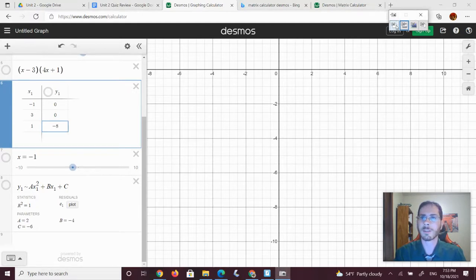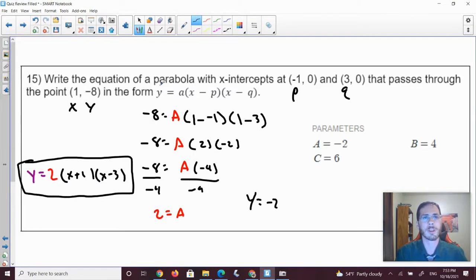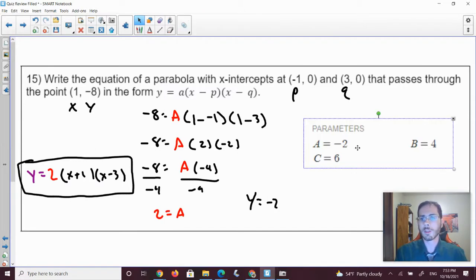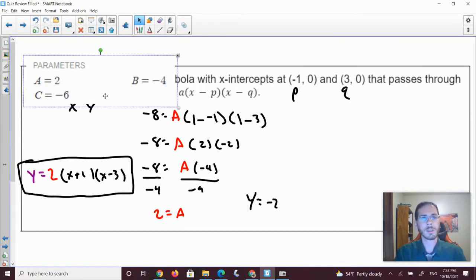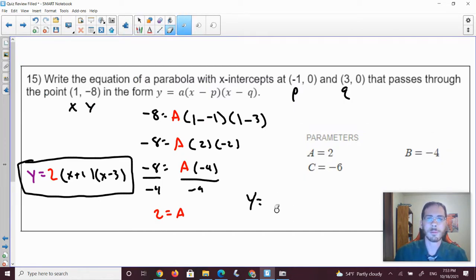Let's re-sneak this. So I made another typo. That's like 3 mistakes for this one already. But that's all right. None of them count because I caught them all before I stopped. So they're all good. So y equals positive 2 x squared minus 4x minus 6.